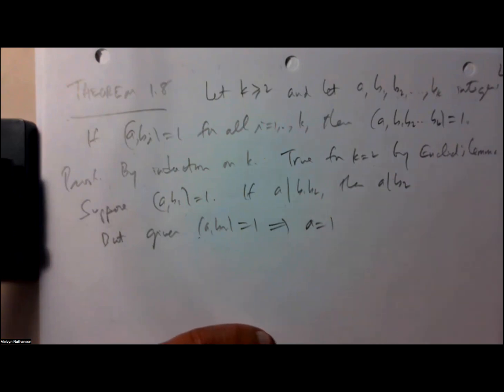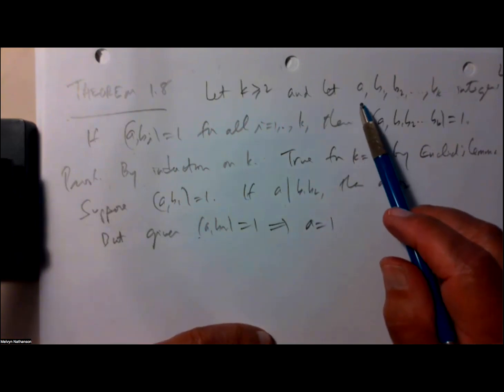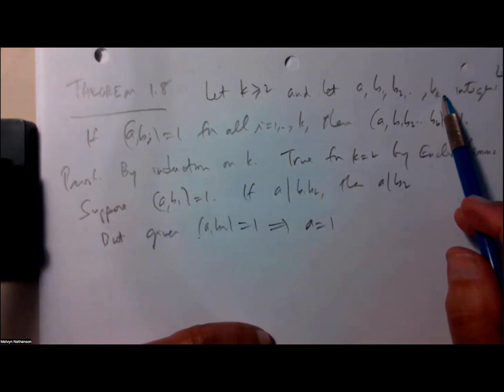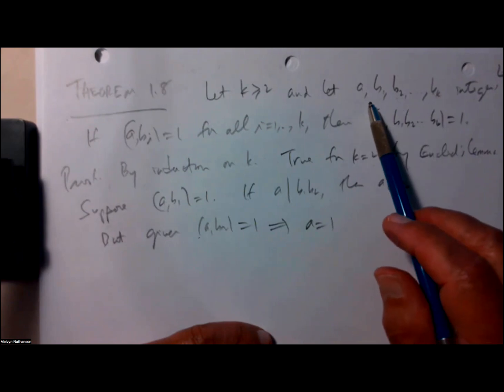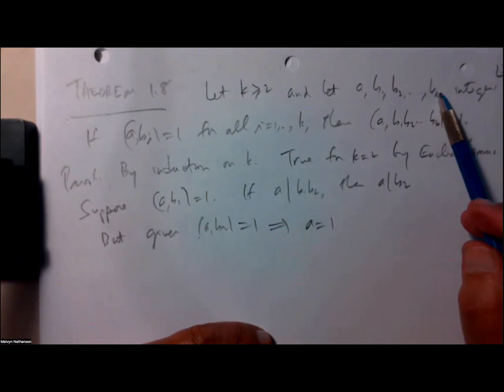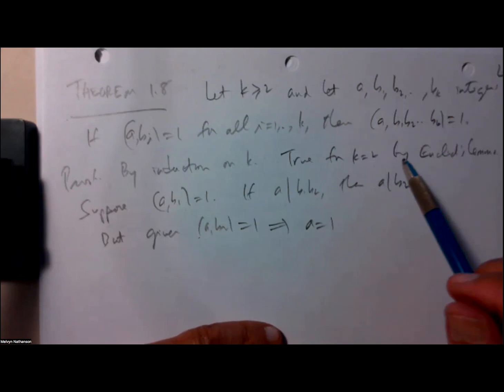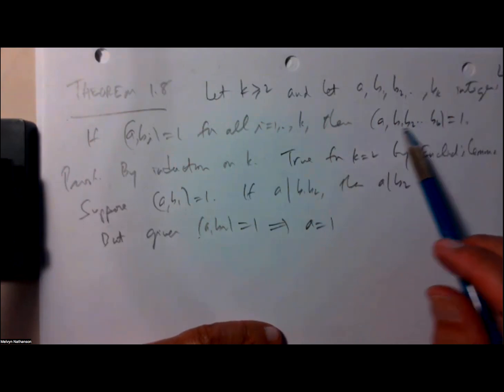And if A equals 1, there's nothing more to say. If we have integers A, B1, B2 up to B sub k, and if A is 1, it's certainly relatively prime to all these numbers because the only common factor of 1 and any other integer is 1. And so A is relatively prime to the product.